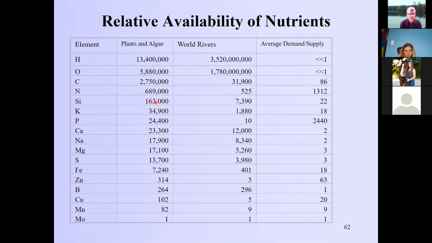What algae are those that really need a lot of silicon? Good, Aaron, got it, diatoms. Anybody know of a terrestrial plant that needs a lot of silicon? Good, Cassie, grasses, exactly. Actually, there's a hypothesis that the grasses evolved silicon in their cells to stop herbivory and wear down the teeth of things that would eat it.